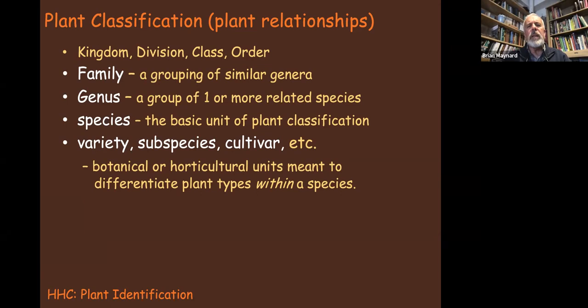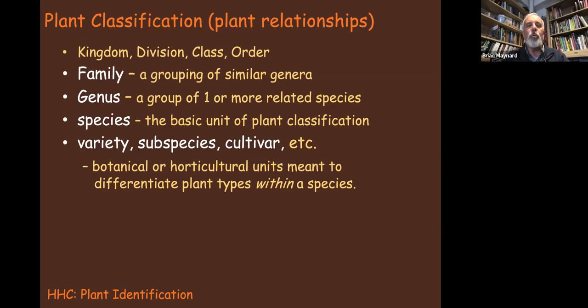So if you were naming a plant, you would at some point realize that every plant and every living thing on Earth can be organized in terms of relationships into kingdoms, like the plant kingdom and the animal kingdom and the bacteria kingdom and all those things. And then within those kingdoms, there's divisions, things like flowering plants, the angiosperms, and the conifers, the gymnosperms.